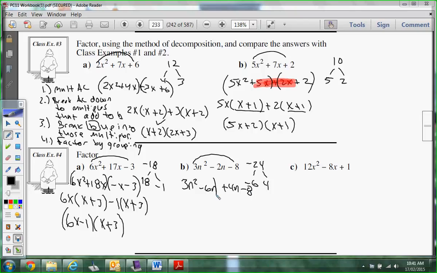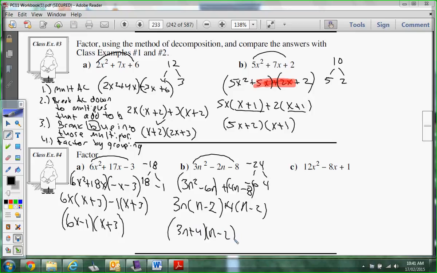Yeah, group. Okay, and then go ahead and tell me what you're going to pull out of those two. Okay, and then 4. Okay, so we got n minus 2 is a match. We feel good. Our answer is done. 3n plus 4 times n minus 2.